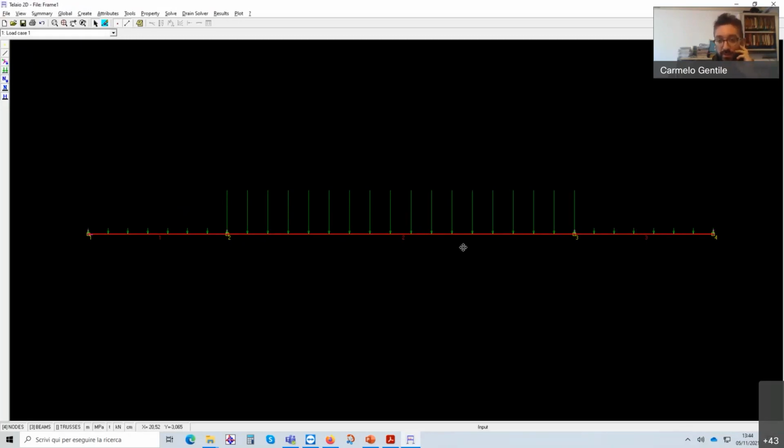So it is worse for the structure when all the load is applied only in the midspan. When there is a load applied also here and here, the excitation of this span is inferior. And with this software, you can check it. This is everything related to the combination of the load cases.